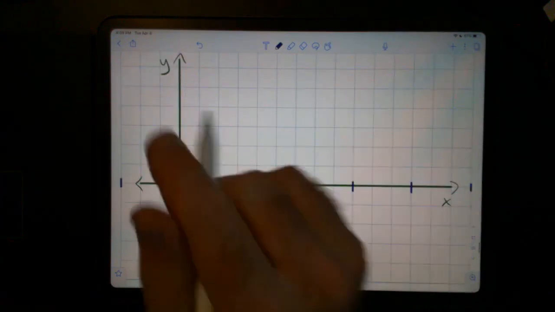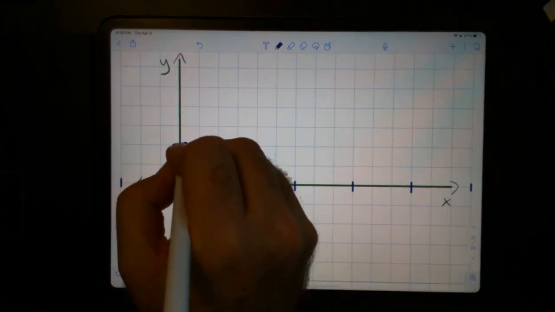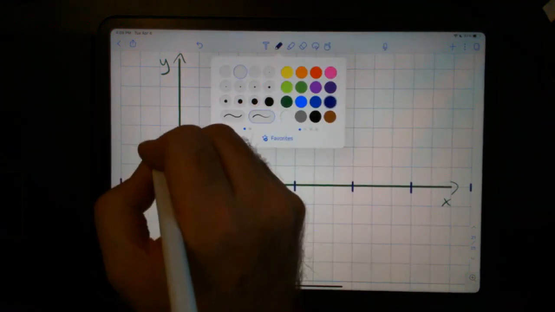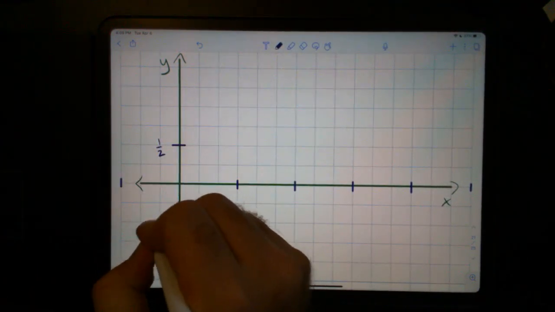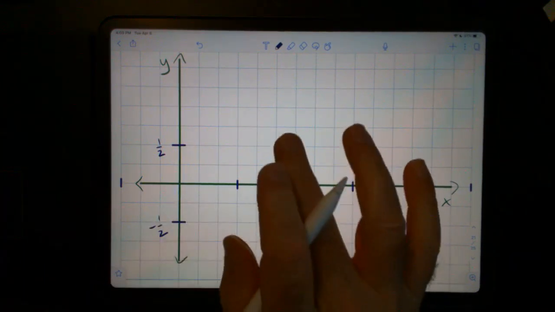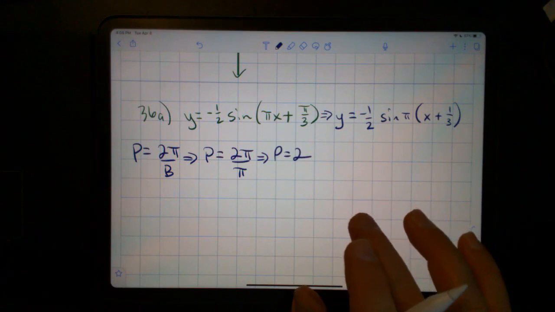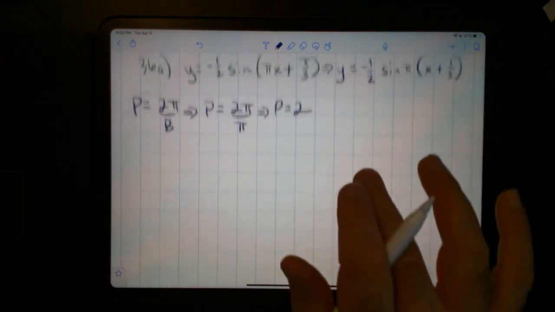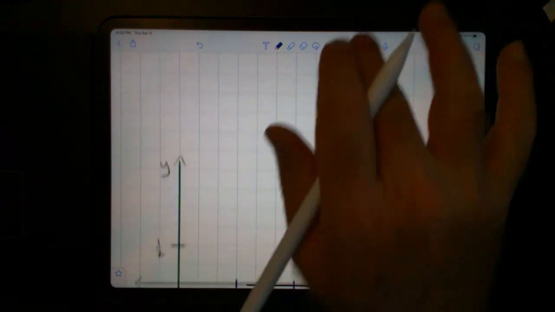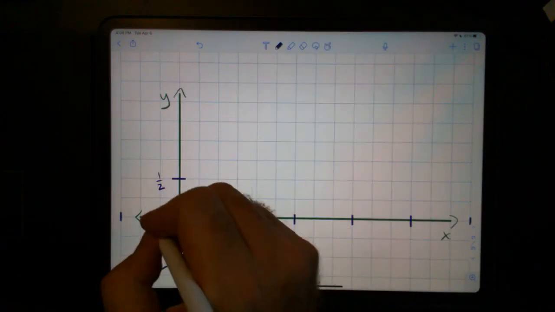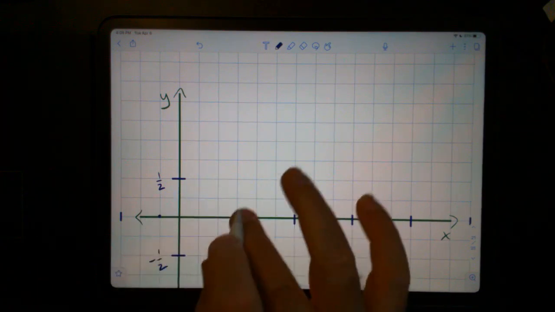Our amplitude is 1/2, so let's go up 1/2 and down 1/2. Shifting to the left 1/3, and so it's going to start here.